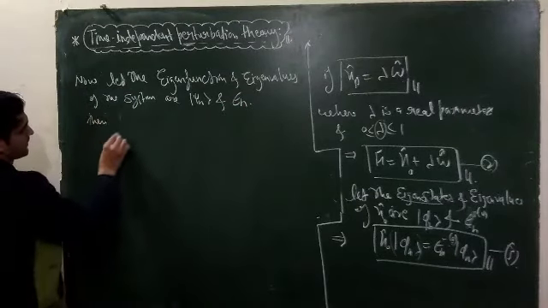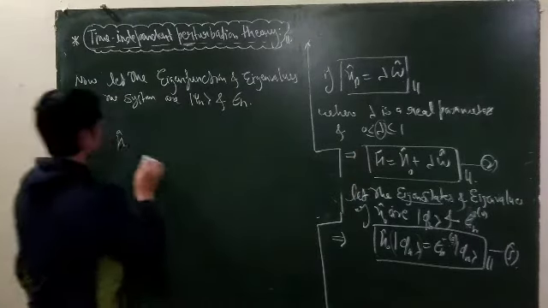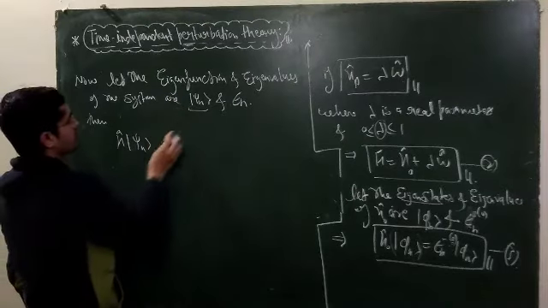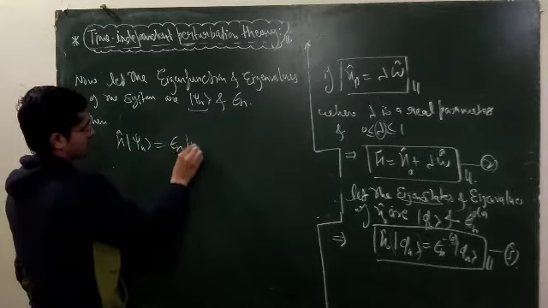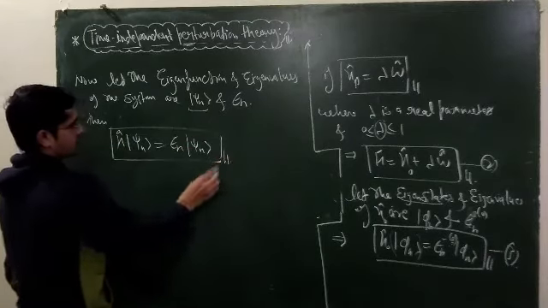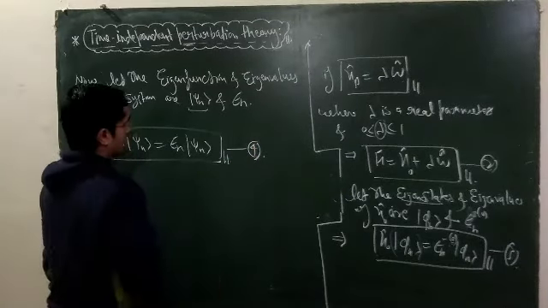Then the Hamiltonian of the system acting on these states will give the energy eigenvalues times the state itself, or you can say it will satisfy the time independent Schrodinger equation, right?